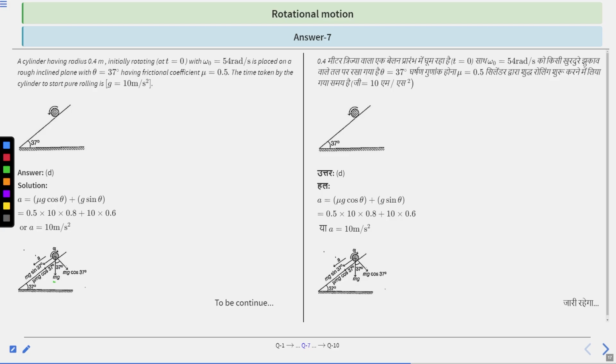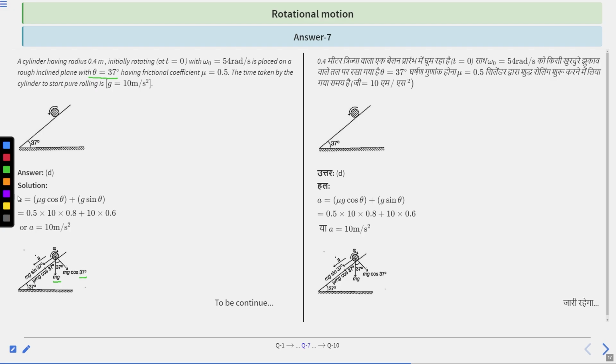Now this is mg, and the acceleration is in this direction. So resolve the components of mg. First is mg sine 37 degree, and second is mg cos 37 degree, because theta is 37 degree, which is given in the question. Clear?